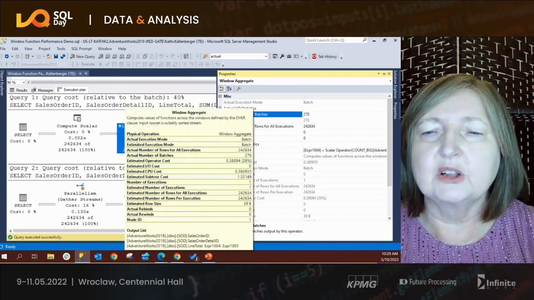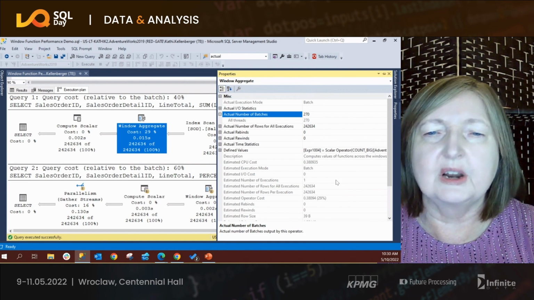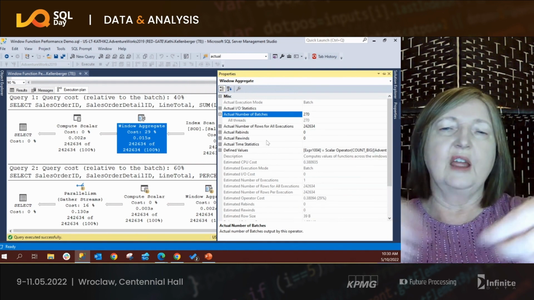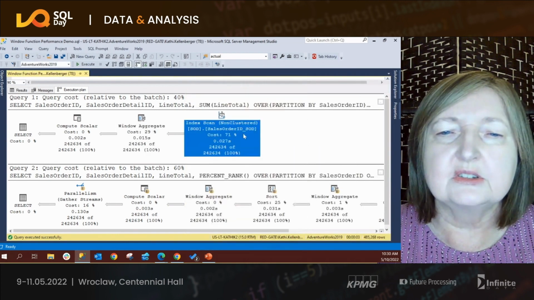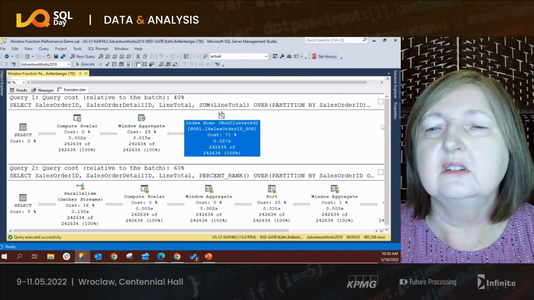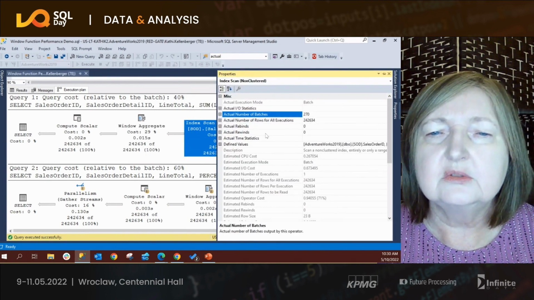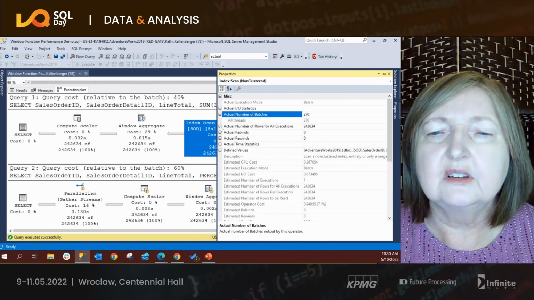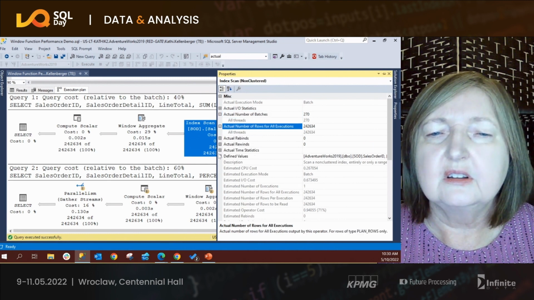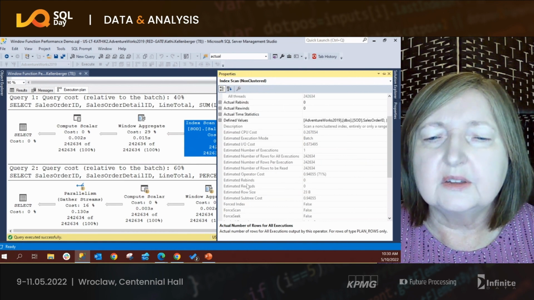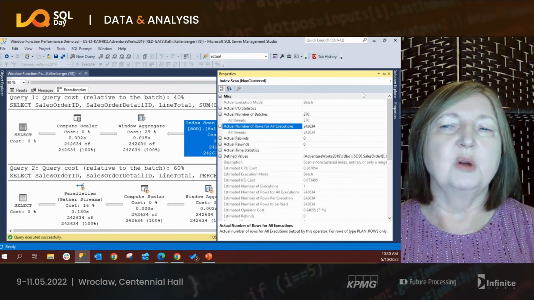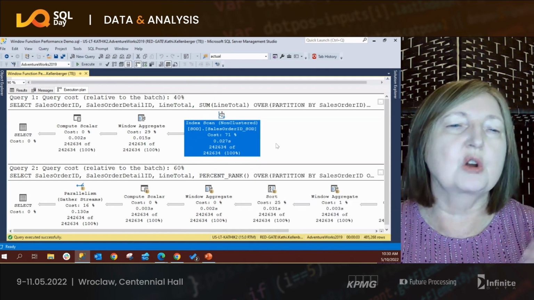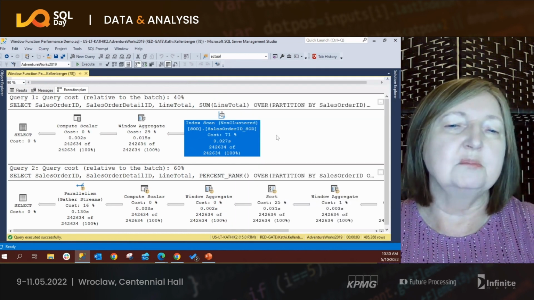I might be clicking on the wrong thing. I am not seeing it, so I'm not going to worry about that. But anyway, even though it's just a row store query, it's using batch mode.